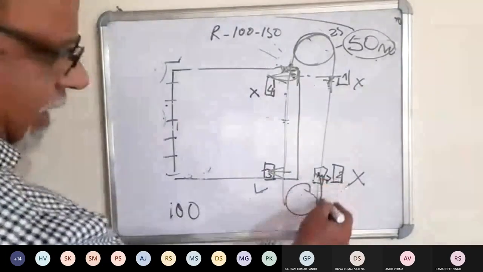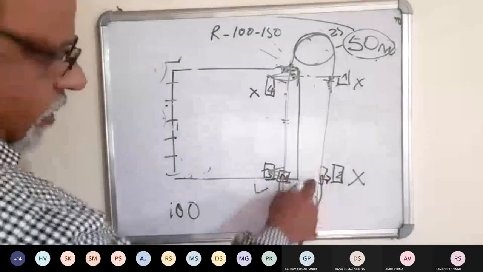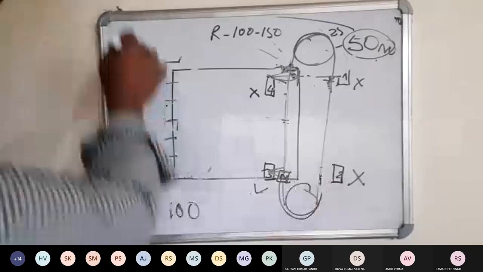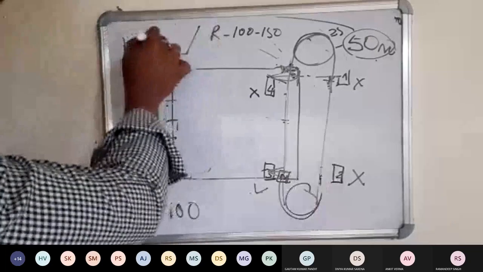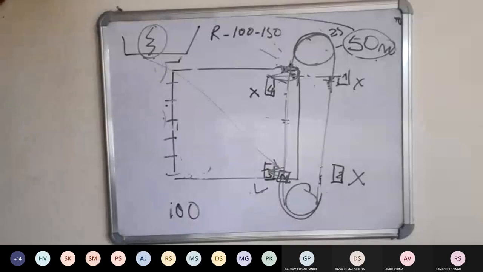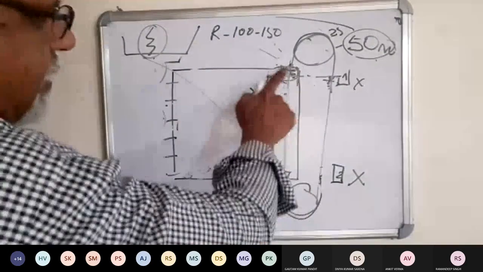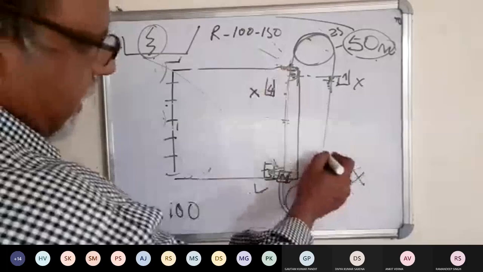Now for that, the magnet has to be here at this place. Only then does the transmission take place. So the pulse starts when the magnet is here at sensor 3, but since the stylus was fixed on the belt, the stylus will be somewhere here.